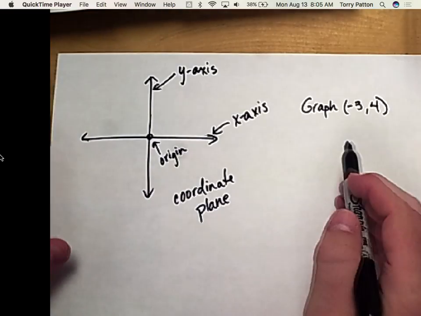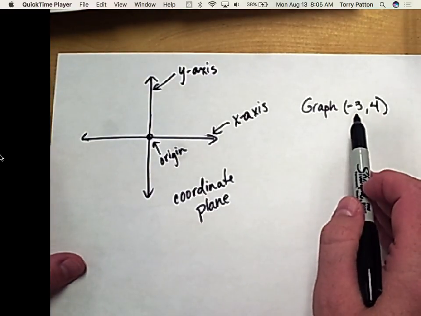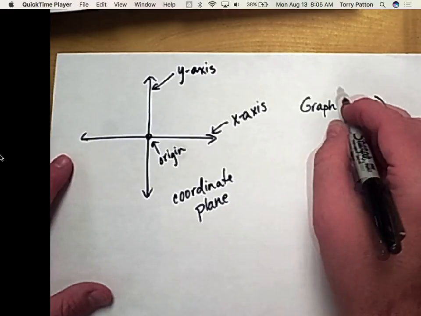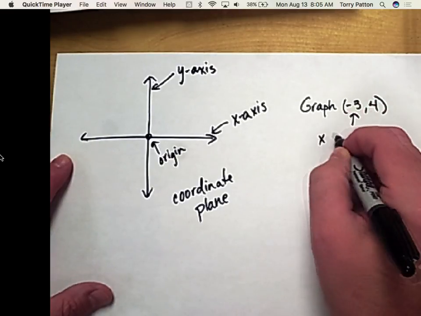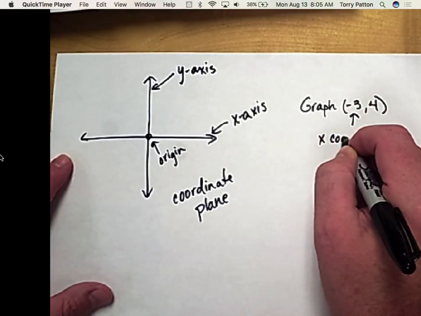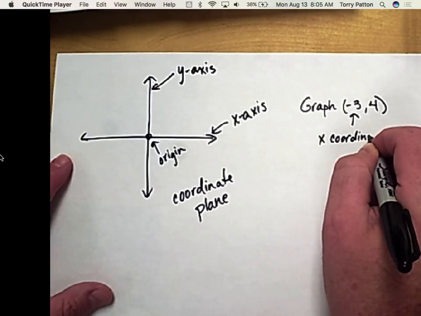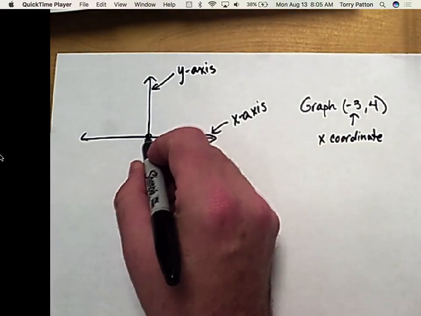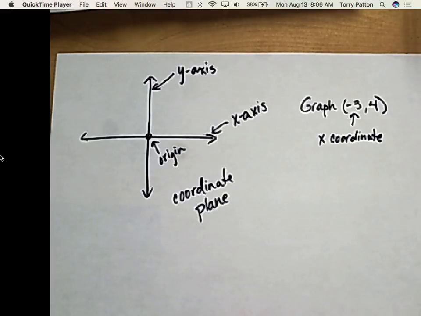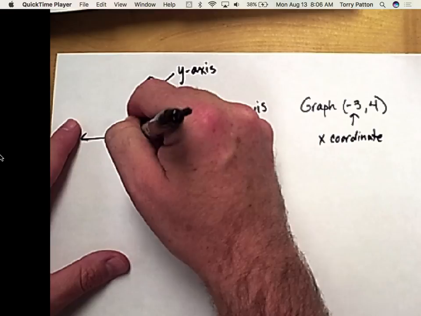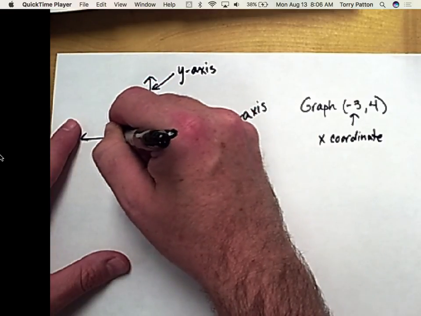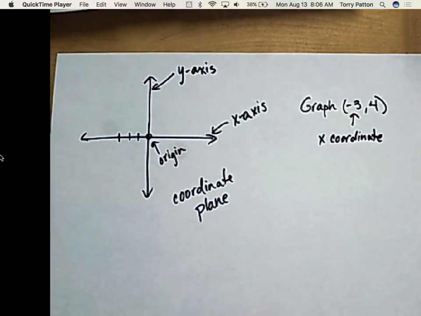Then what is -3? -3 is called the x-coordinate, which means from the origin on the x-axis, we go 3 in the negative direction. So right there, correct?